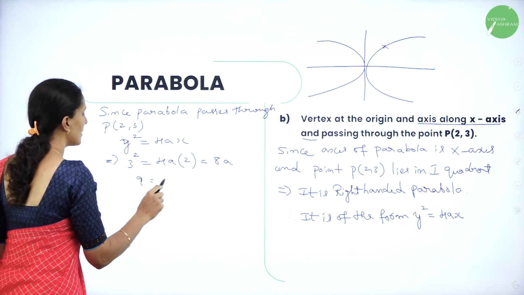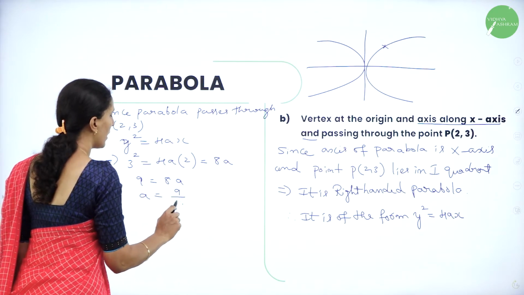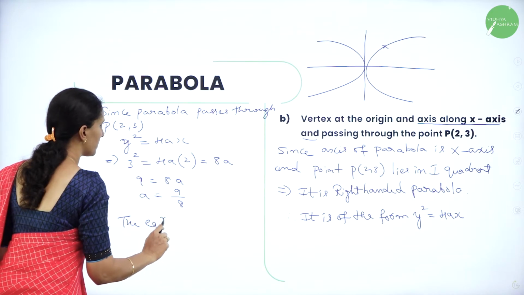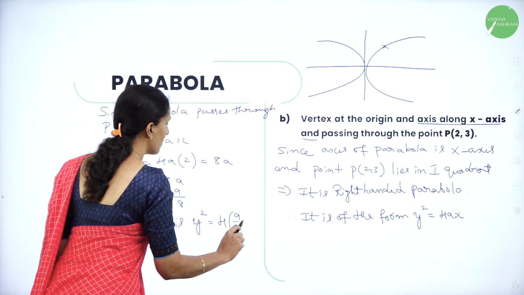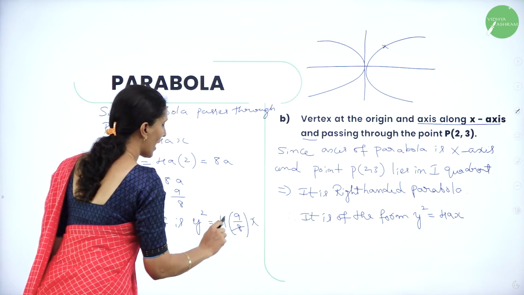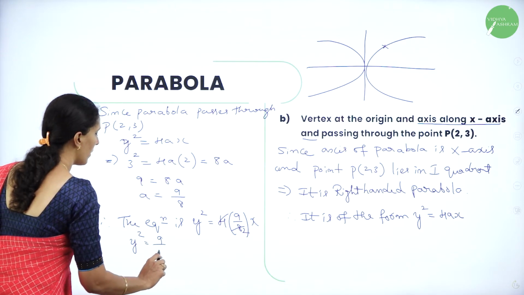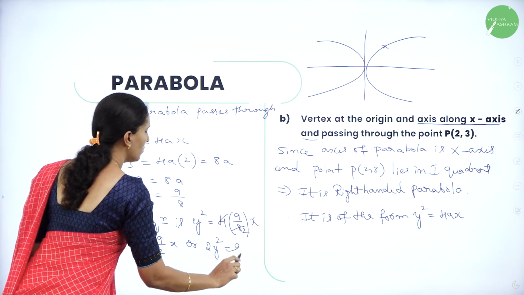So here 9 is equal to 8a. a is equal to 9 by 8. So therefore, the equation is y square is equal to 4 into 9 by 8 into x. So cancels, you will get 2. So y square is equal to 9 by 2x, or you can write this as 2y square is equal to 9x.